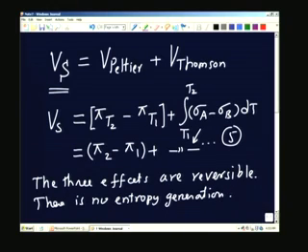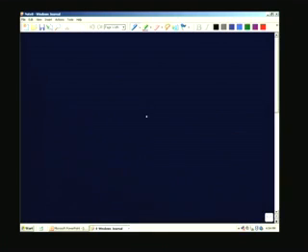There can be no entropy generation, and in fact, all I have to do is to find out what the entropy generation is and then put it equal to 0 and find out what relationship that is going to give me.